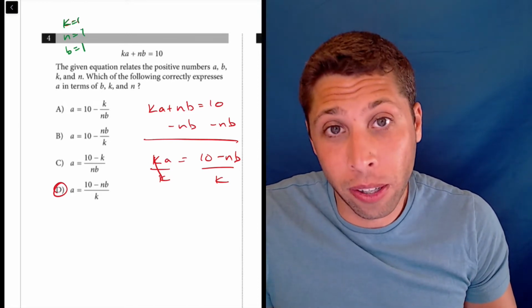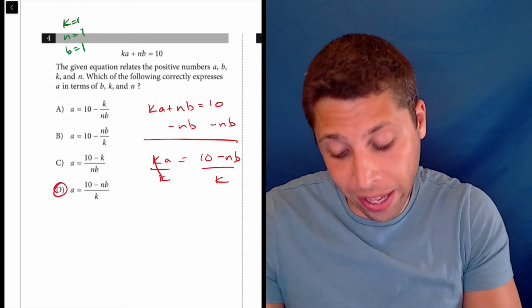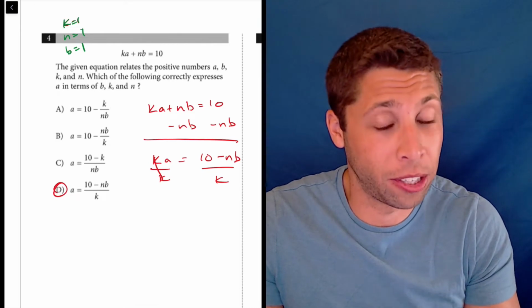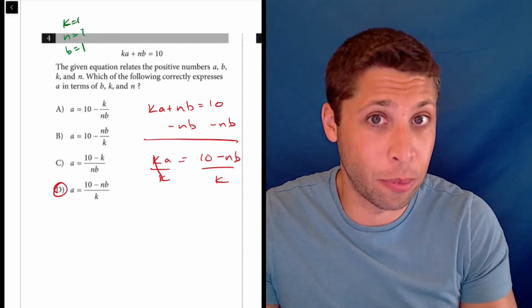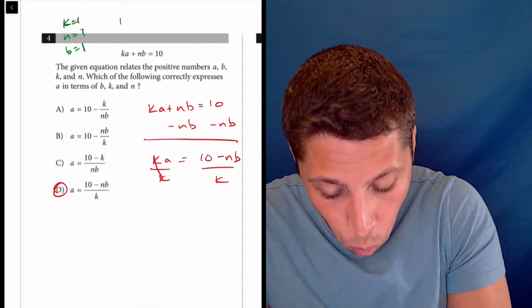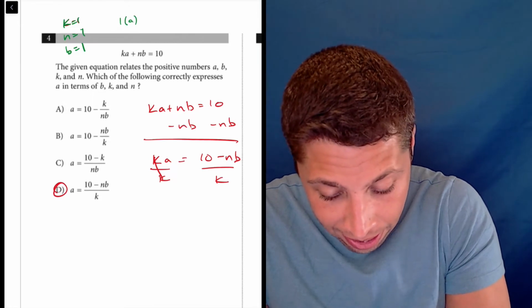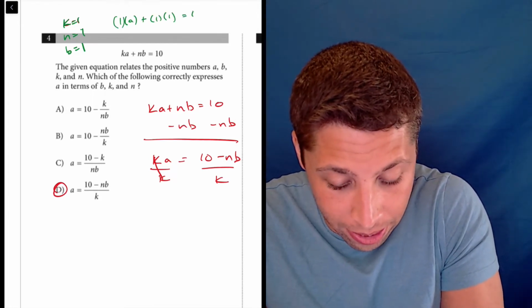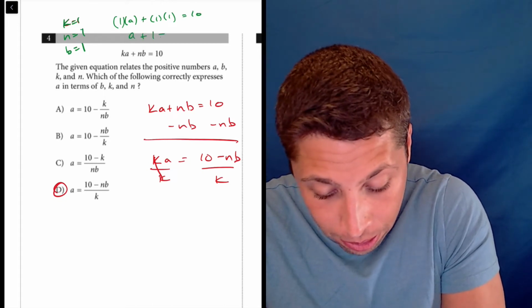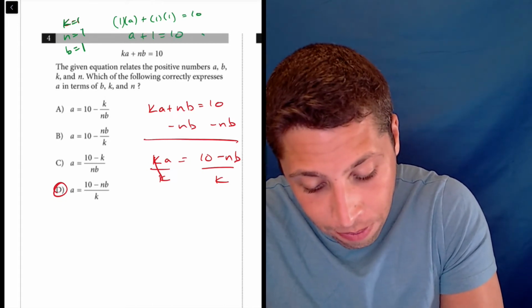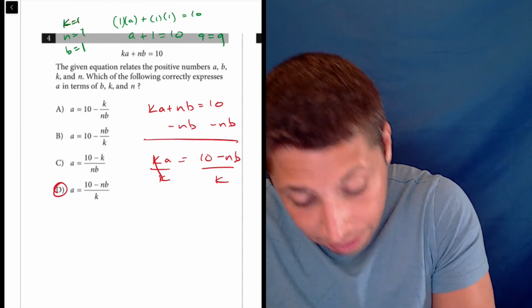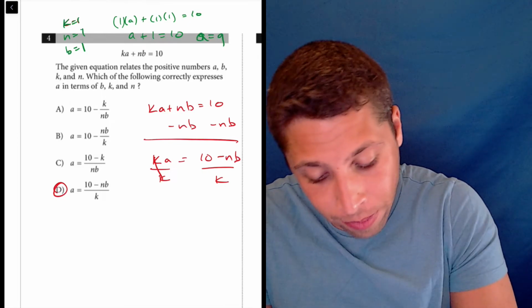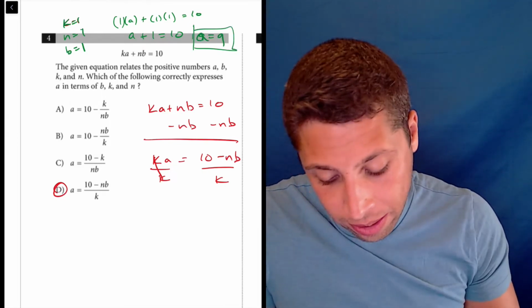Now, I'm not going to pick a number for a, because notice how the answer choices have a as this thing off on its own. I'd rather solve for a and see what I get. So 1 times a plus 1 times 1 is equal to 10. So that's a plus 1 is 10. So a would be 9. Ooh, my a and my 9 look the same. So that's what I want this to be.